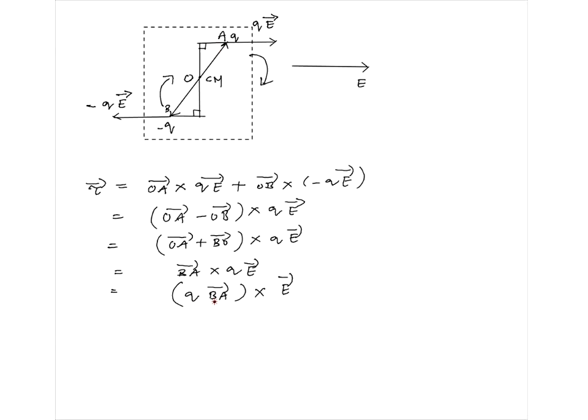So it is QD, direction is also suitable. So it will be just P cross E. So that's about torque. That's a standard result. Torque equals P cross E.